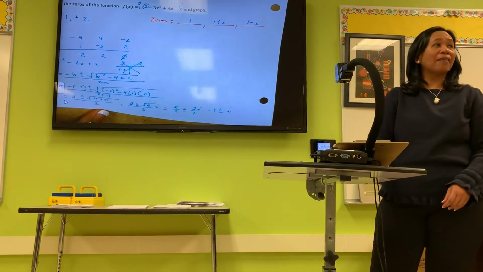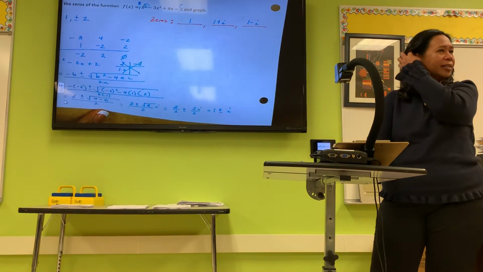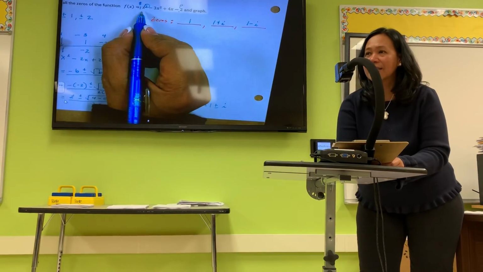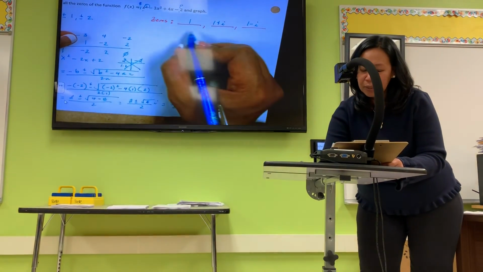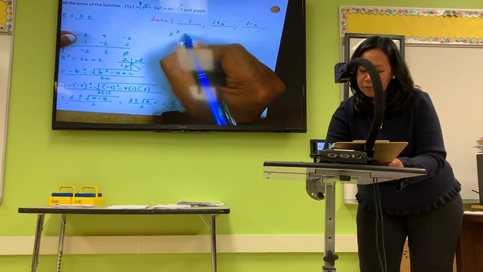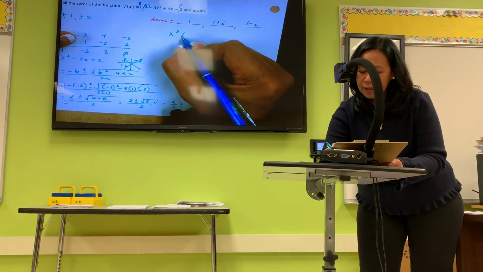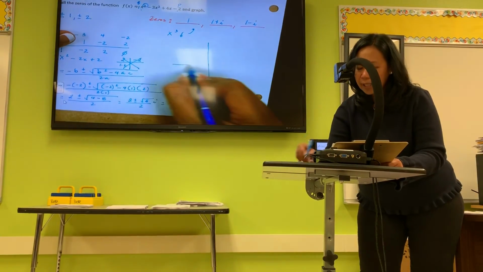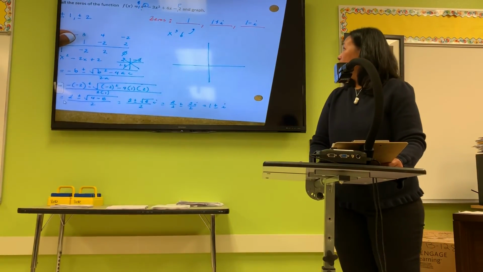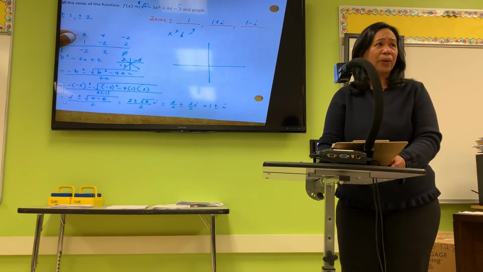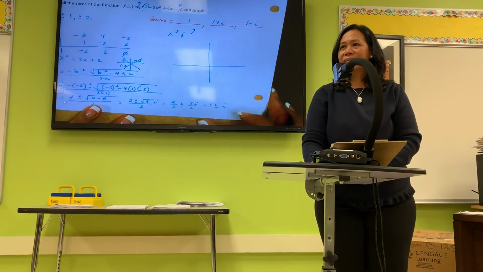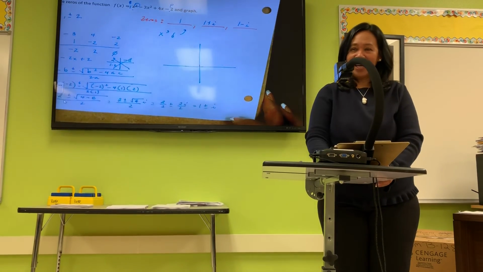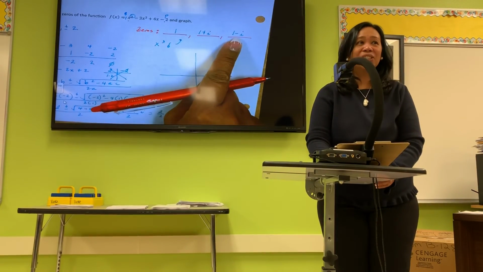So now we need to graph, because not only are we going to find the zeros, but we're asked to graph also. And our parent function is x cubed. It's only x cubed, so that means it falls on the left, rises to the right. So x and y. How many x-intercepts are we going to have? 1 only, because the other two are imaginary.